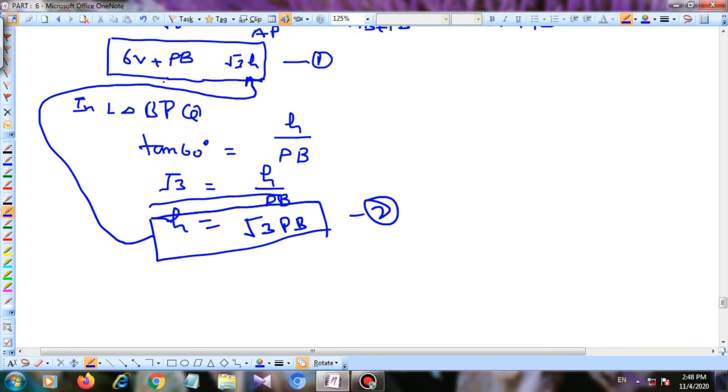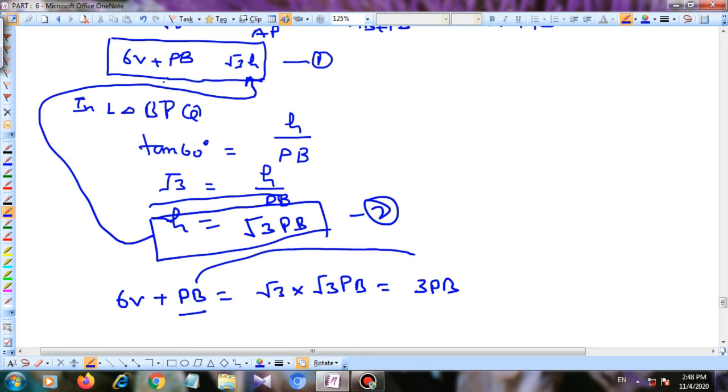Then we will get 6V plus PB equals root 3 into the value of h, which is root 3 PB. Clear? So this will become 3 times PB. Now transfer PB toward 3 PB. Then you will get 6V equals 3 PB minus PB.